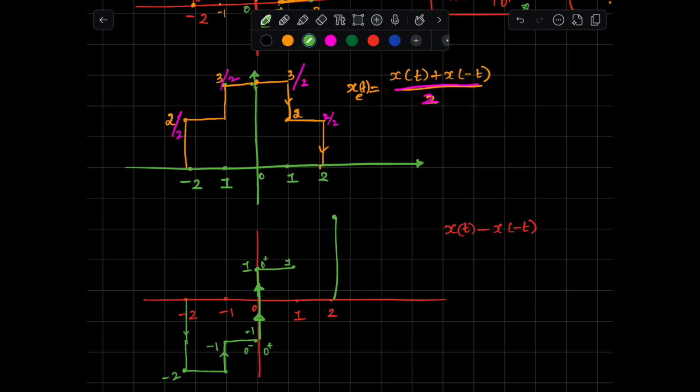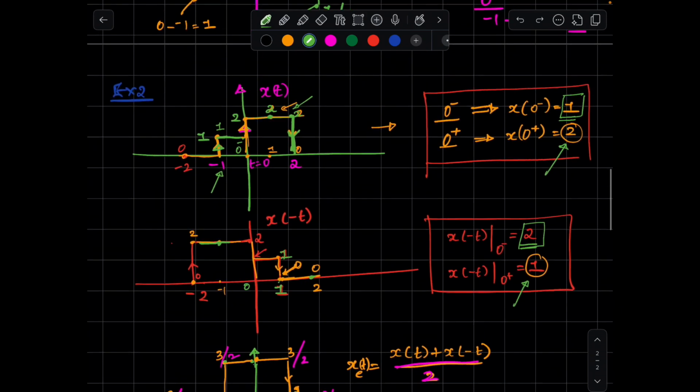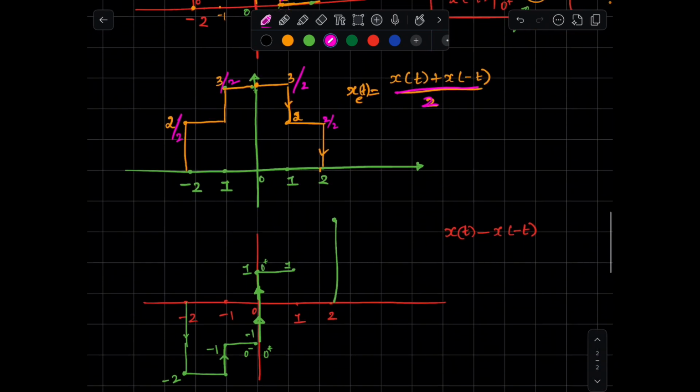But you see what is happening here. This is what we need to evaluate first. So we need some more points. What are those points? You see here, after 1 the amplitude is 0 and here the amplitude is always fixed. So 2 minus 0 should be equal to 2.